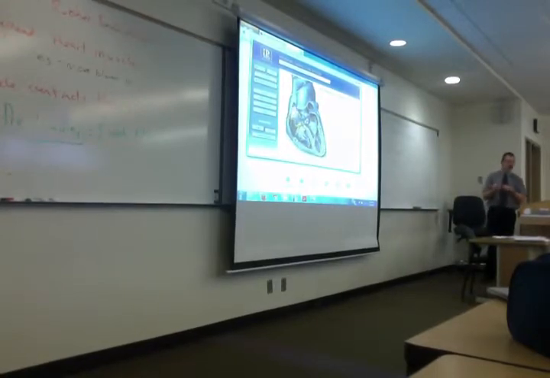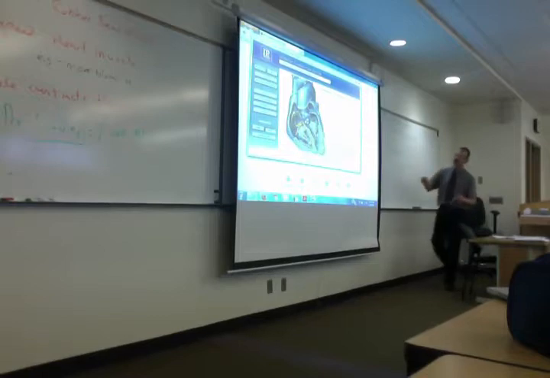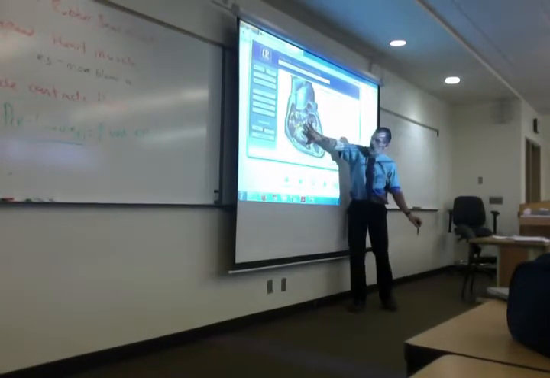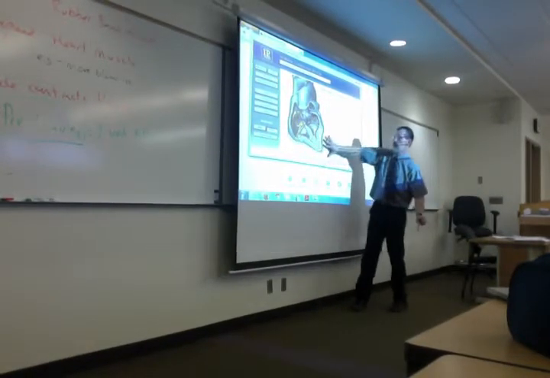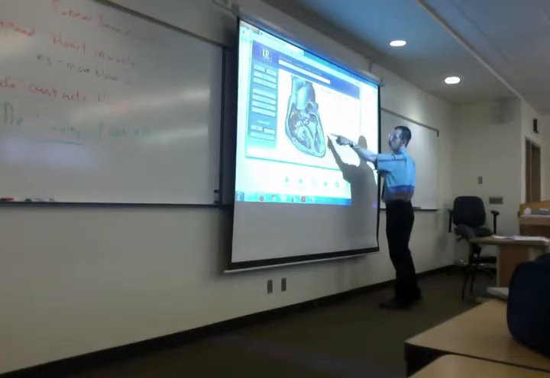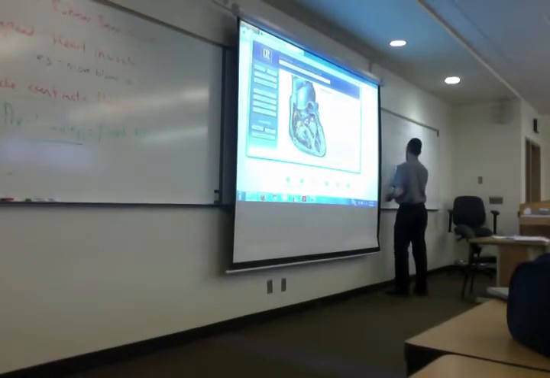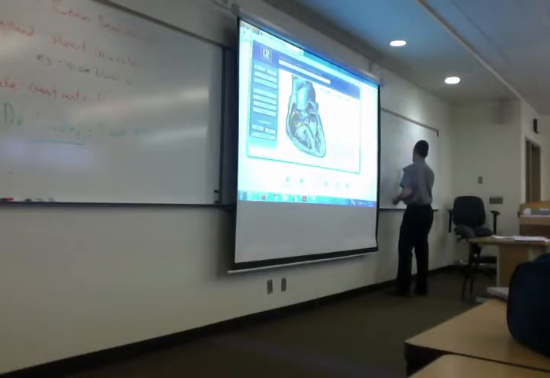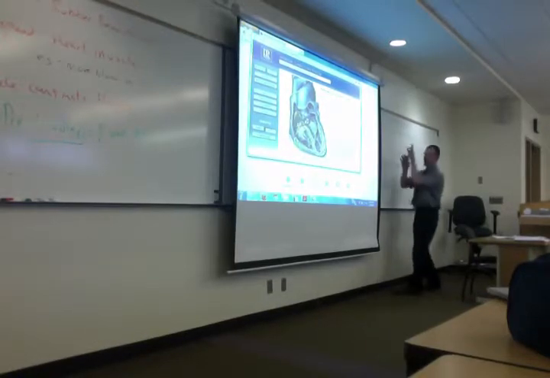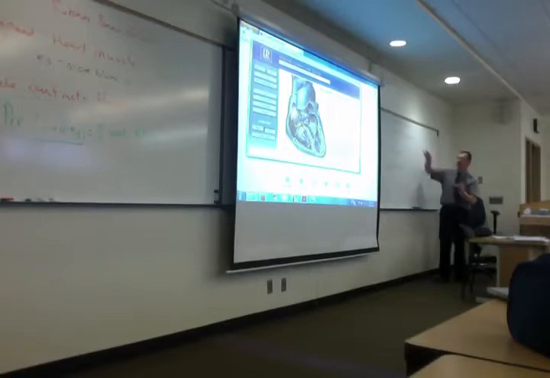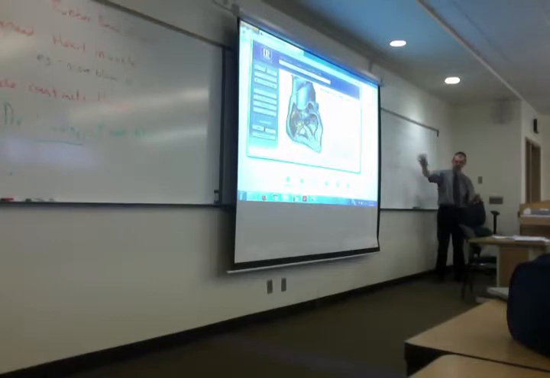The AV node then sends a signal down all this magical wiring here, and we'll call those, today, Purkinje fibers. Again, I'm leaving a few of the parts out, but you get the gist. So my SA node goes first to my AV node. My AV node then sends it down these fibers.